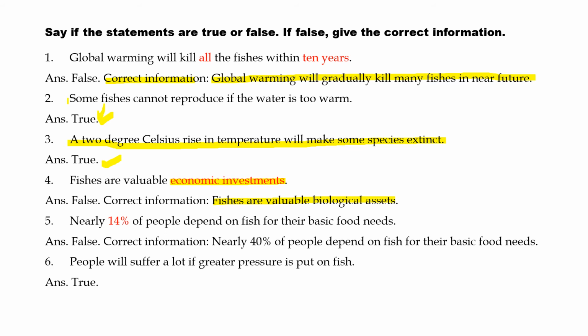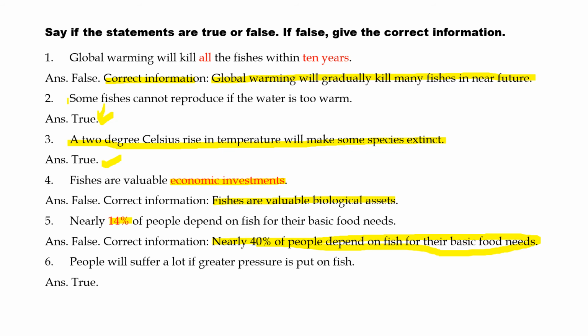Number 5. Nearly 14% of people depend on fish for their basic food needs. Well, can you remember what was the percentage given in the text? Well, the statement is false. The correct information is nearly 40% of people depend on fish for their basic food needs. Number 6. People will suffer a lot if greater pressure is put on fish. So, what do you think?